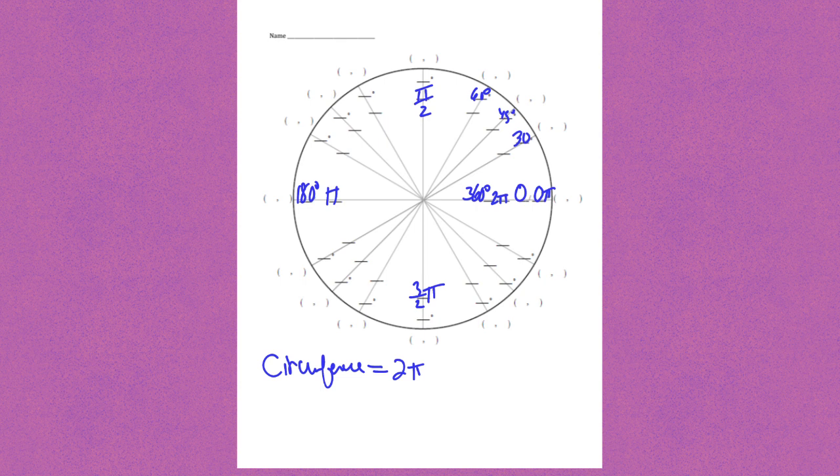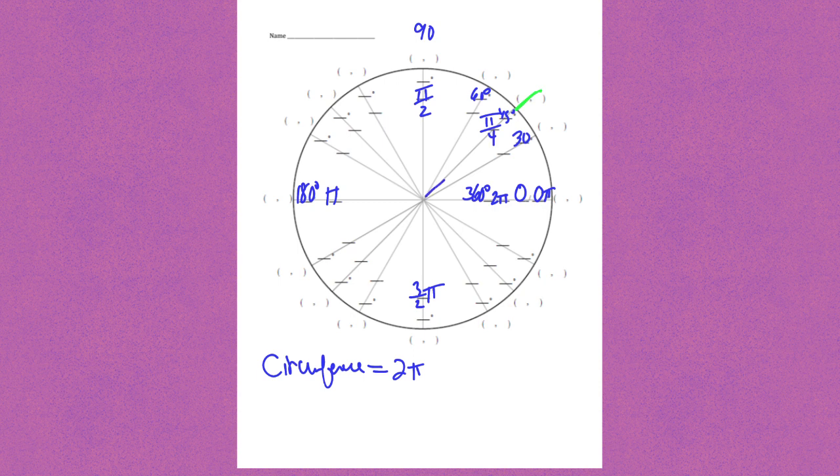So if we do 45 degrees, we can say, well, if halfway around a circle is pi, a quarter of the way around the circle for 90 degrees is really pi over 2. This would be 1/4 of the way around a circle, or pi over 4.